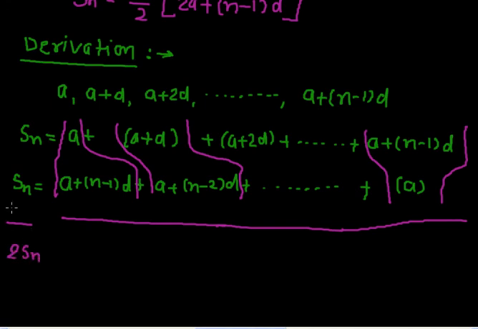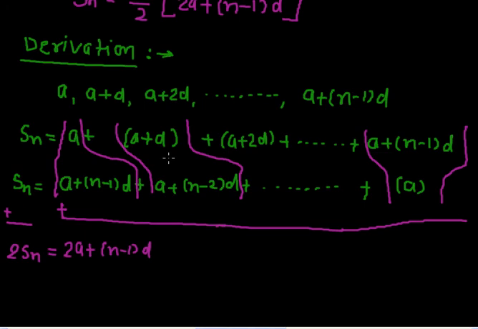Twice of Sn. Adding these two terms, a plus a, which are like terms and can be added, becomes 2a. Next we have (n minus 1) into d. This is the addition of these two terms.